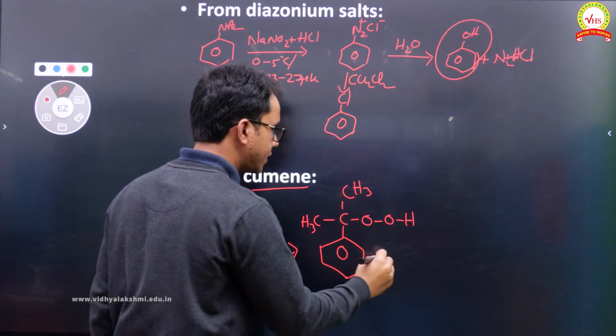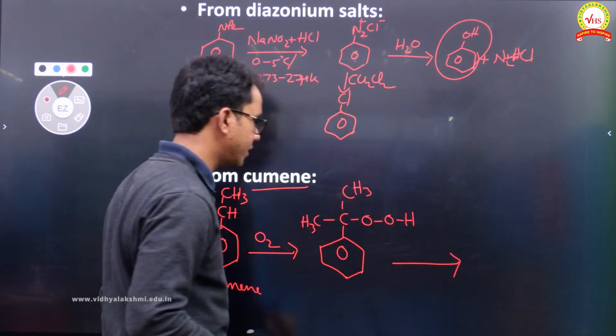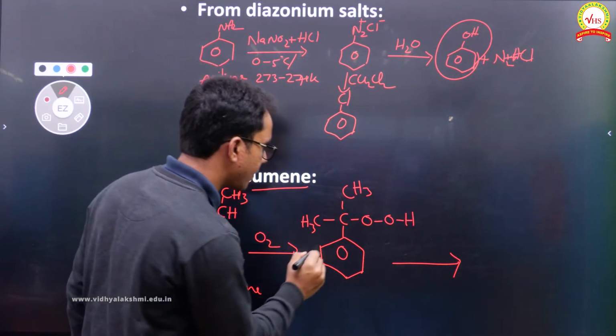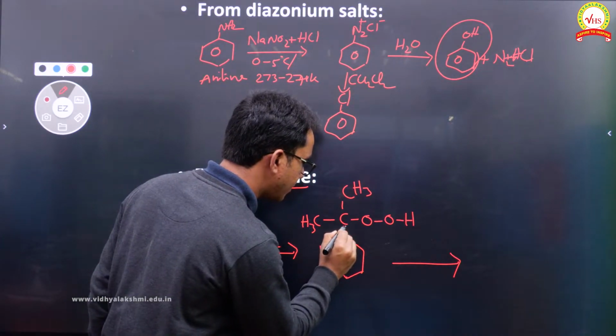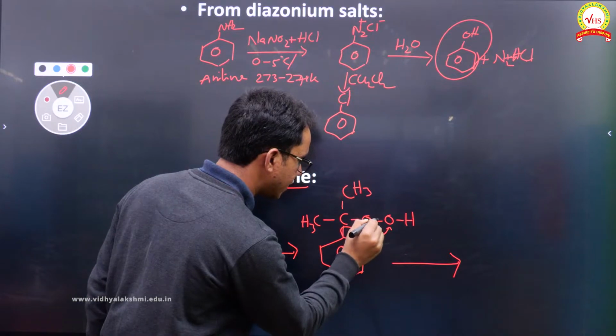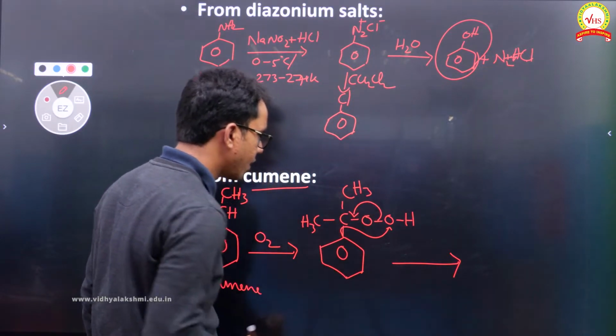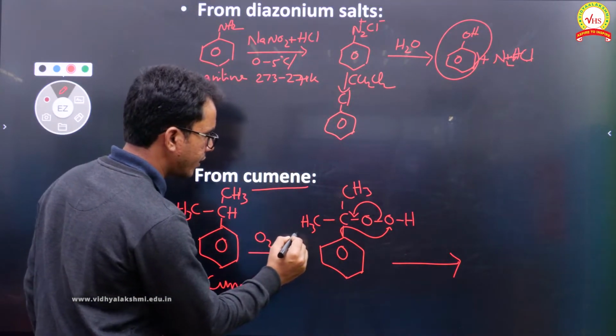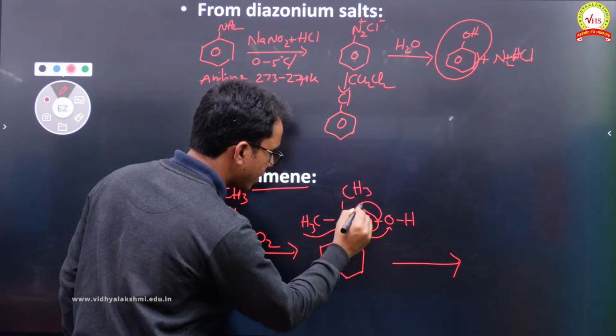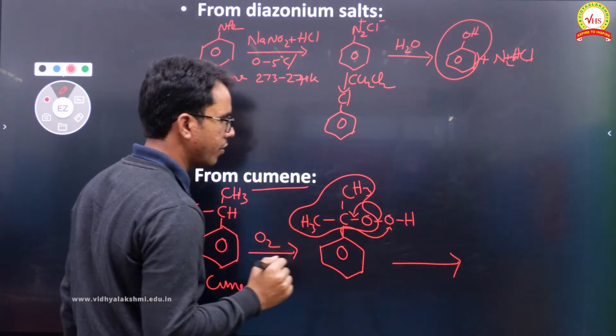This on further rearrangement, bond breaking takes place and a new bond forms. Now if you take this particular part alone, what is this one? CH3 CO CH3, that is acetone.